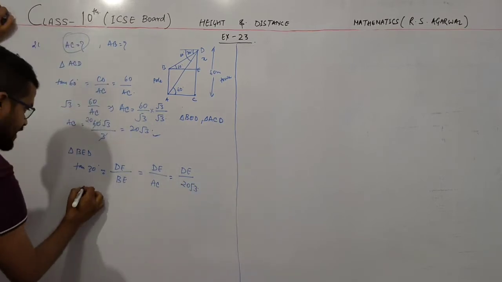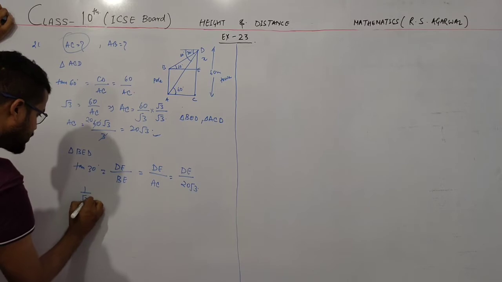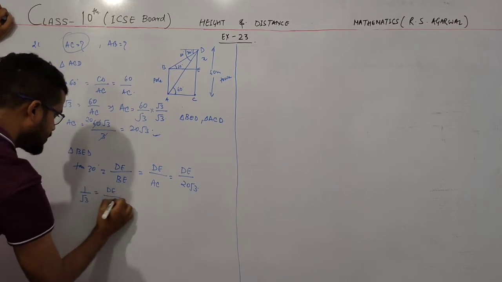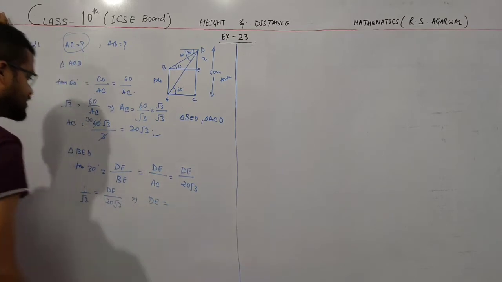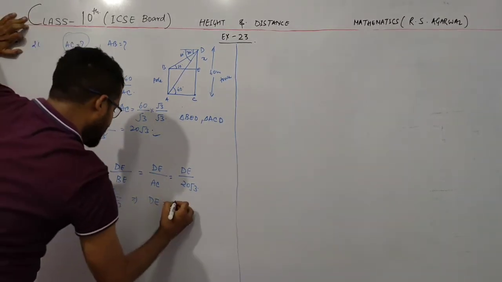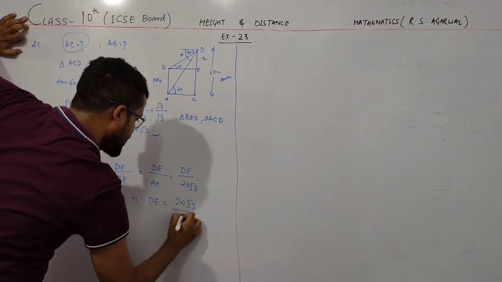Now tan 30 degrees is 1 by root 3, equal to DE upon 20 root 3.